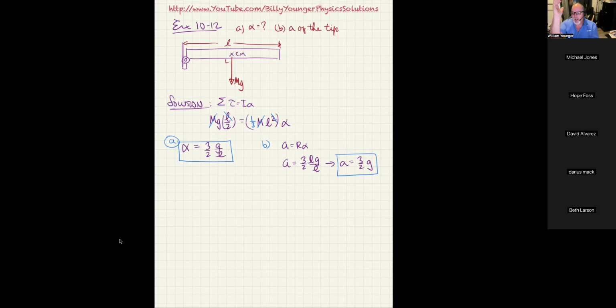So if you knock over a smokestack, a tall building or a silo, gravity acts on the center of mass and tries to make it fall at a rate of 9.8 meters per second squared. But since A is equal to R times alpha, and you assume that the object is rigid, the far end is going to be going even faster, just like the water skier out beside the boat. Okay? And that's what we got here, an acceleration that's 3/2 G. Anybody have any questions on that?